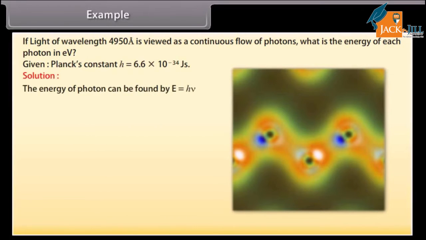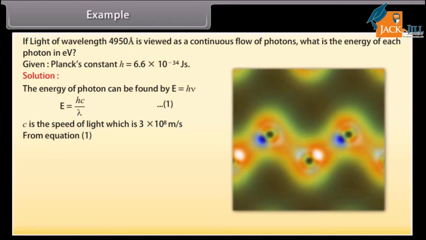Solution. The energy of a photon can be found by E equals hν, E equals hc by λ. Name it as equation 1. c is the speed of light, which is 3 × 10^8 meter per second. From equation 1, E equals 6.6 × 10^-34 × 3 × 10^8 divided by 4950 × 10^-10 joule.